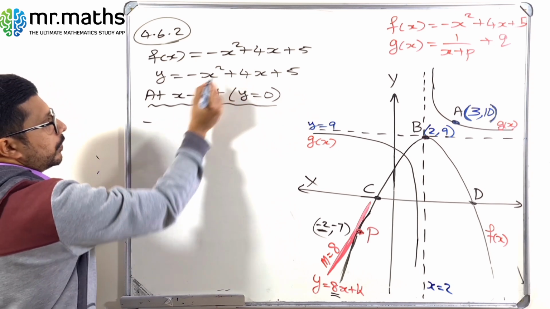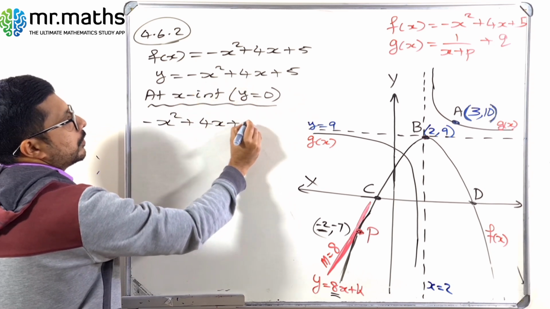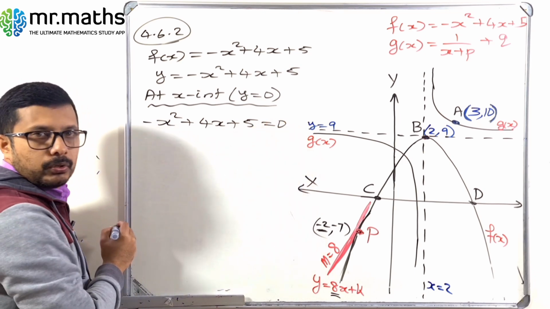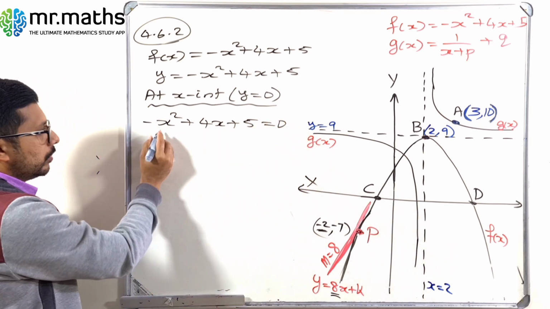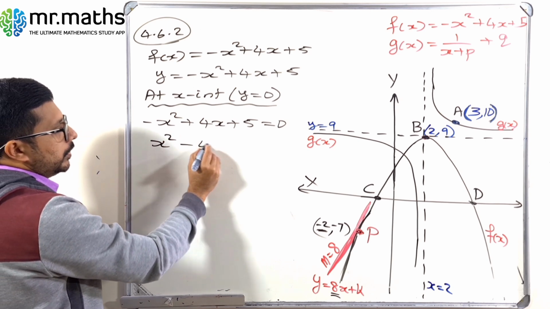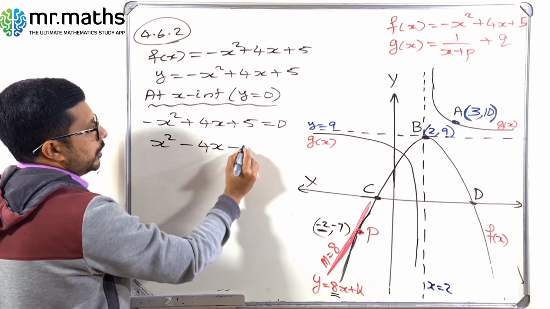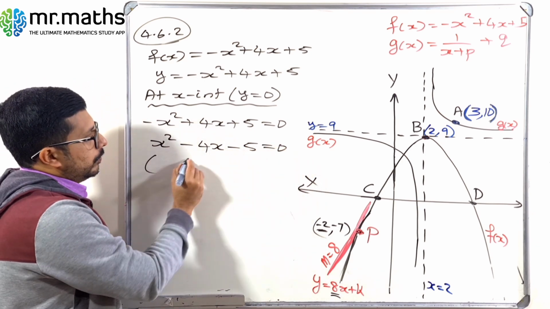Let me write this one first: minus x square plus 4x plus 5 is equal to 0. Multiply throughout by a negative to avoid this negative. So negative into negative is positive, negative into positive is negative 4x, negative into positive is negative 5, is equal to 0.